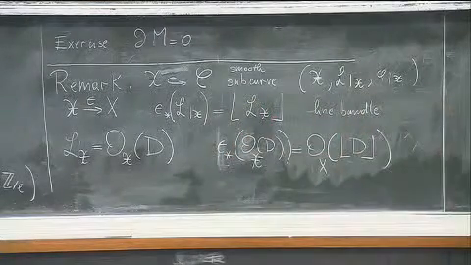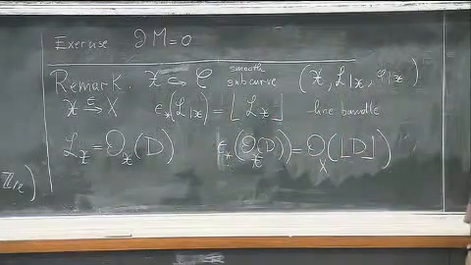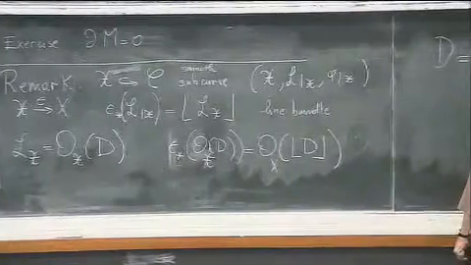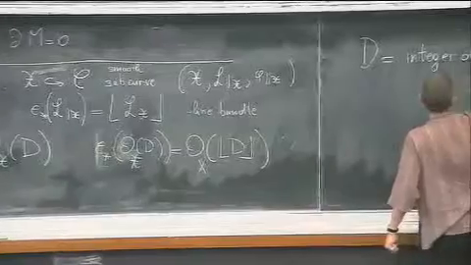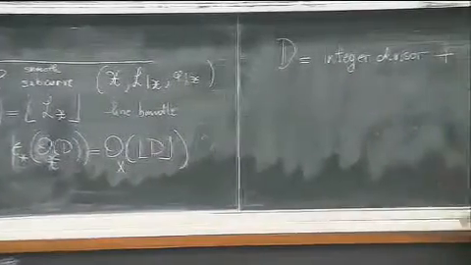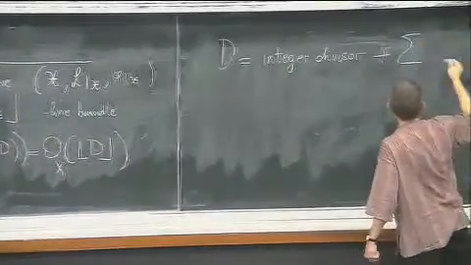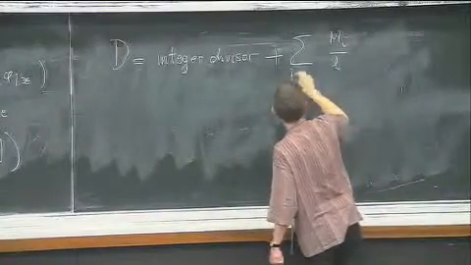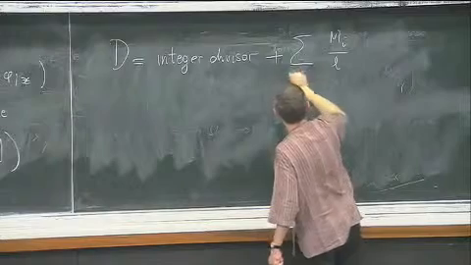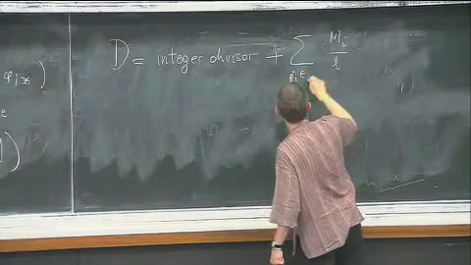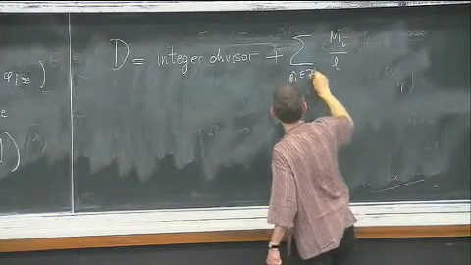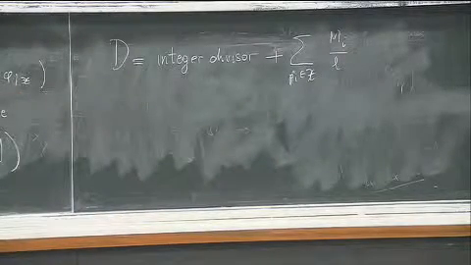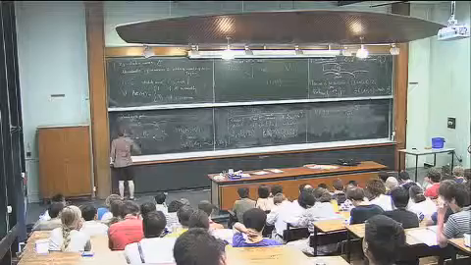And now let me tell you what D is. D has the shape of an integer divisor, plus, now you look at all the nodes that lie on X, and you look at their multiplicity.